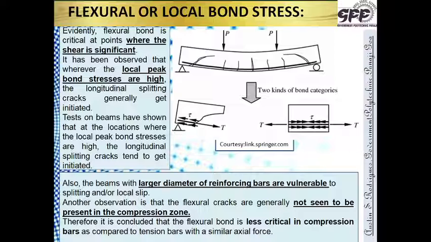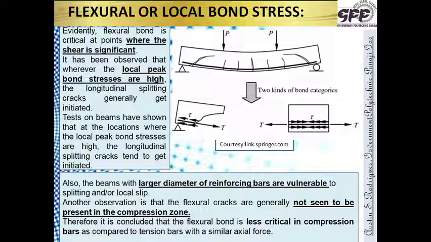Another observation is that flexural cracks are generally not seen in the compression zone. A very important observation found from experiments. In the compression zone, there are hardly any flexural cracks noticed because of bonding. Therefore, it is concluded that the flexural bond is less critical in compression bars as compared to tension bars with similar force.